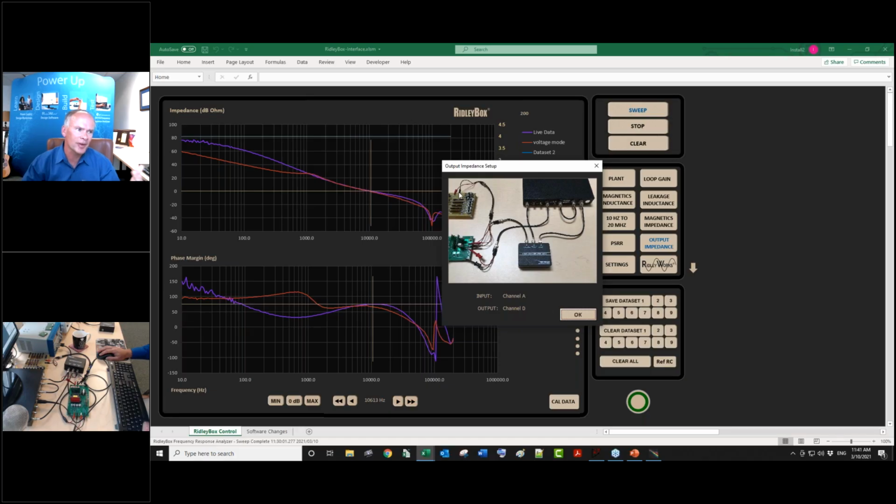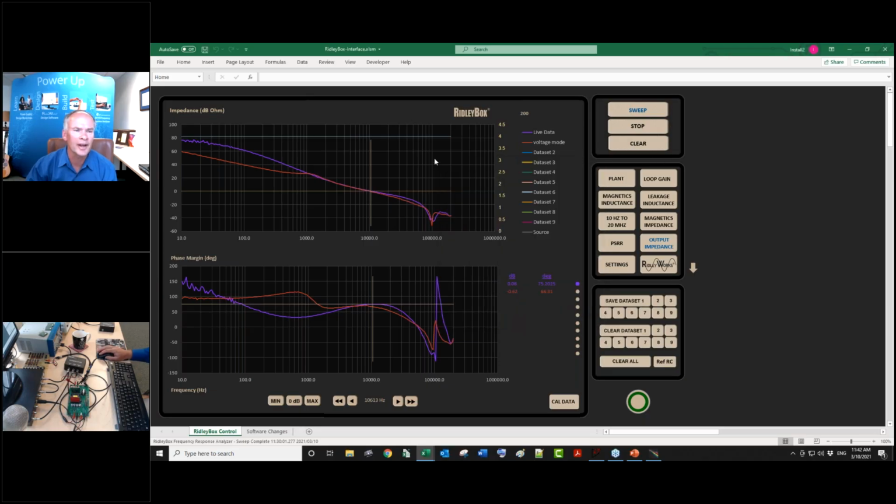Some of you will say, aren't you measuring the resistance of the load too? Well, yes, of course you are, but if you've built a power converter, its impedance better be orders of magnitude lower than the load impedance, otherwise it's not going to be a very good voltage regulator. So yes, you measure the resistance of the load in parallel, but it's overruled by the output impedance of the converter itself.